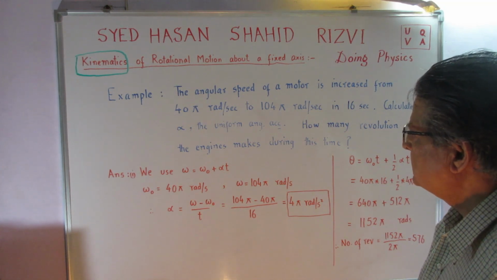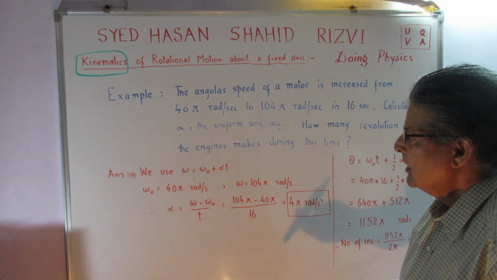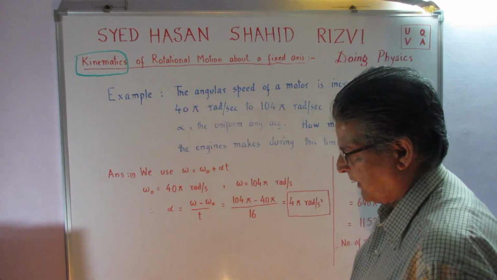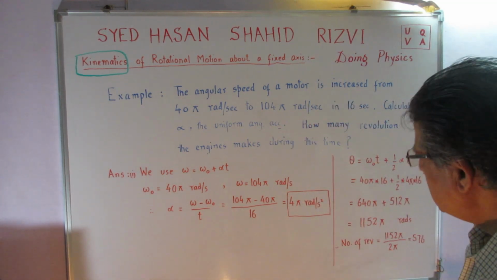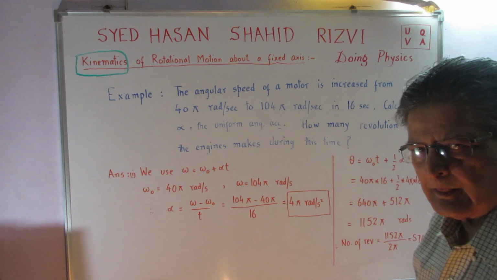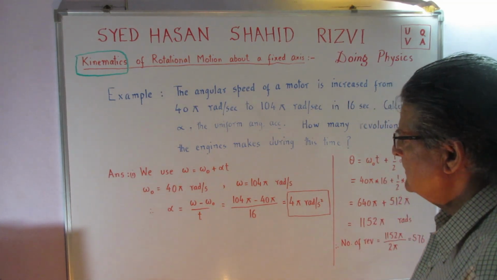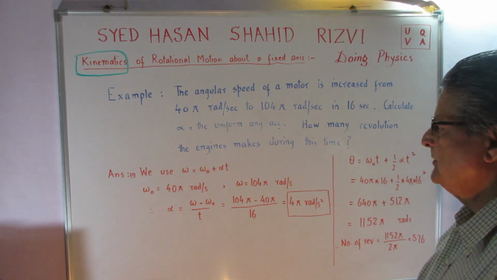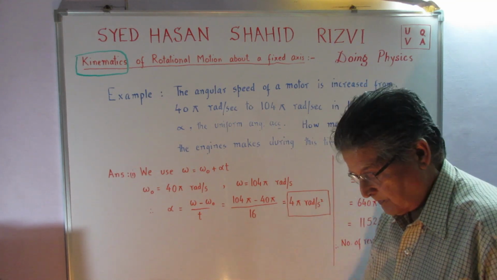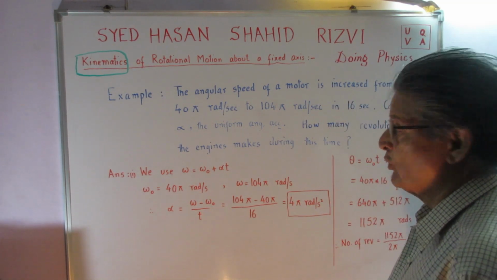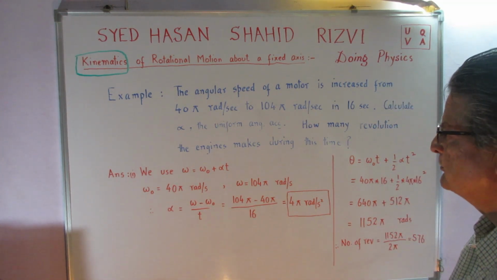The angular speed of a motor is increased from 40 pi radians per second to 104 pi radians per second in 16 seconds. So naturally we are going to apply a torque, and which produces a uniform angular acceleration. And to produce a torque we must have a force acting in the system at a distance away from the axis of the motor.